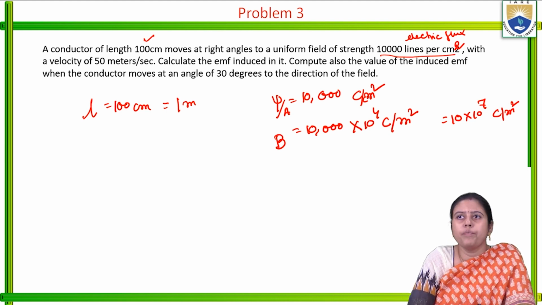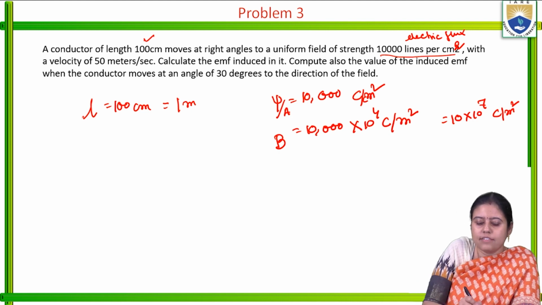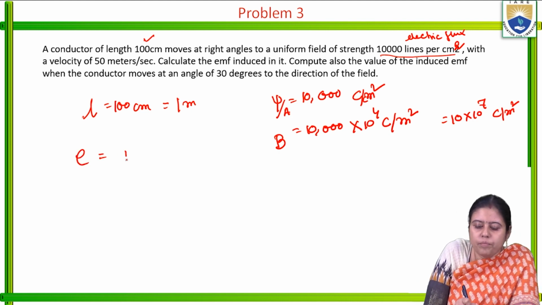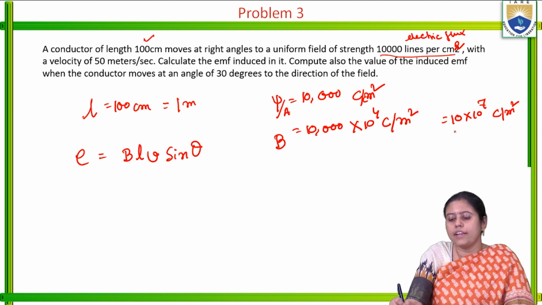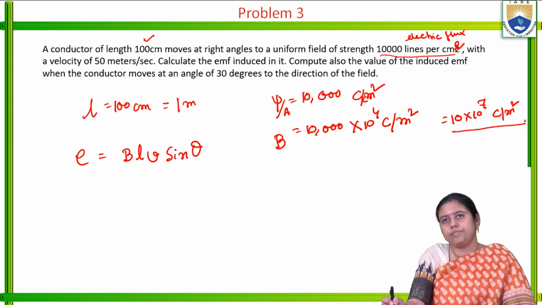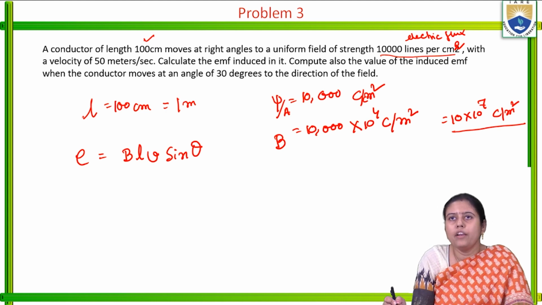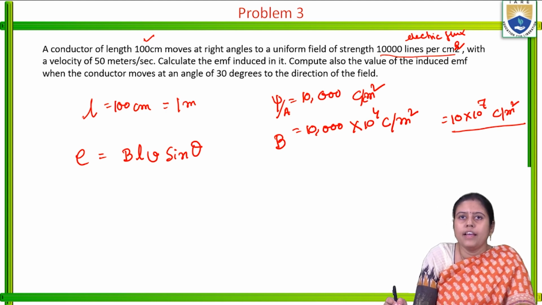So what is the speed? The emf is known as E is equal to B L V sin theta. B value we can get from here. L value is 1 meter.